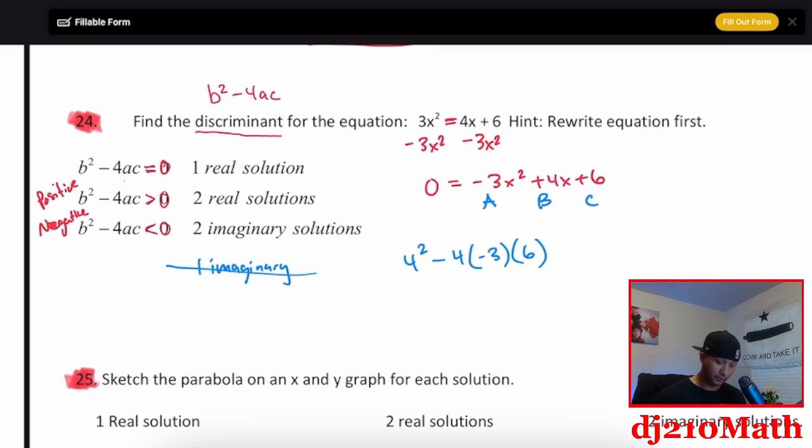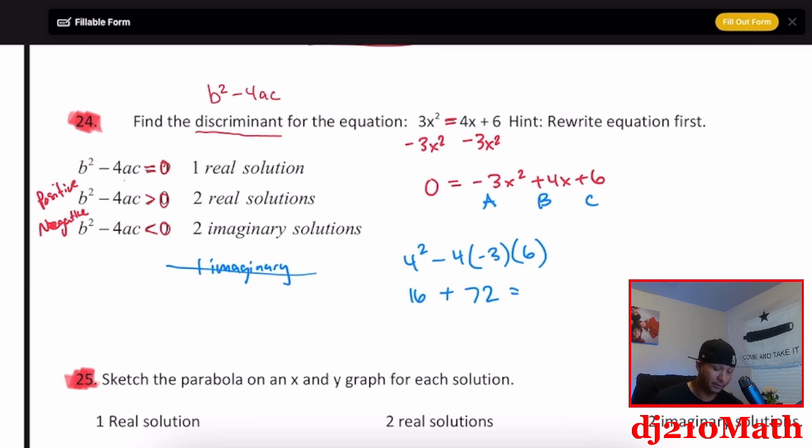Okay, so 4 times 4 is 16. Minus 4 times negative 3 times 6. So a negative and a negative make a positive. And then 4 times 3 is 12, 12 times 6, 72. This is definitely a positive number. I don't even care what it is, but it's a positive number.